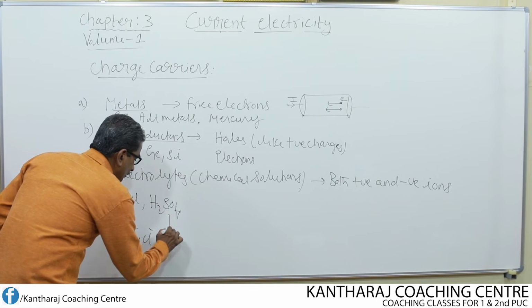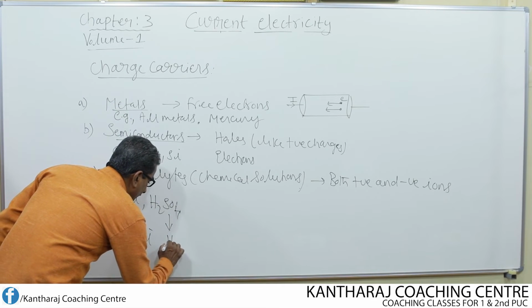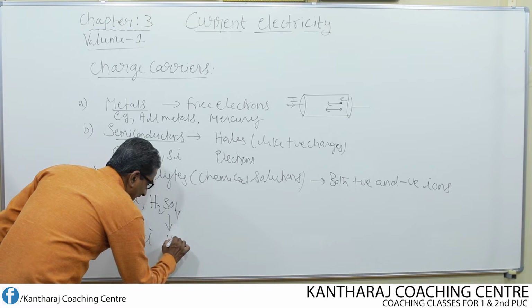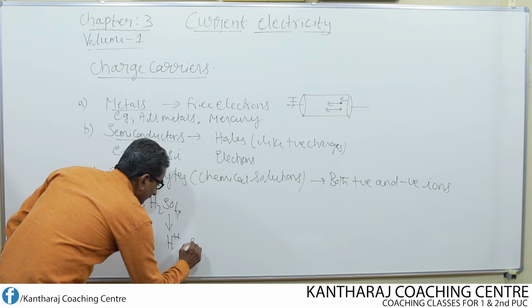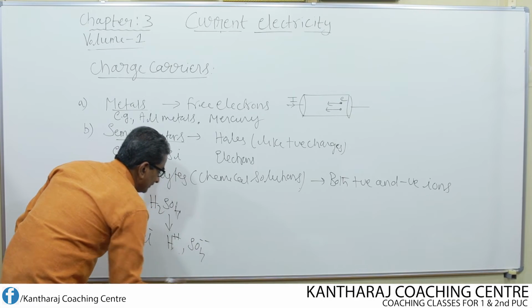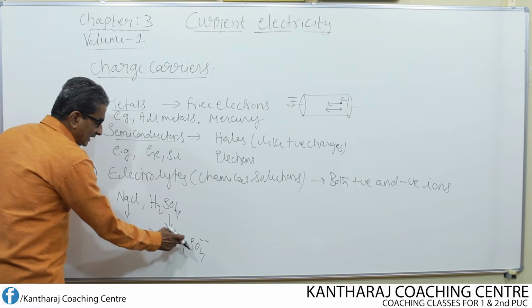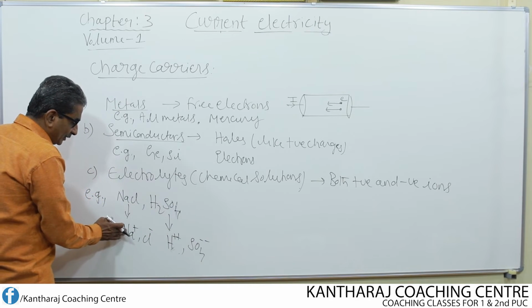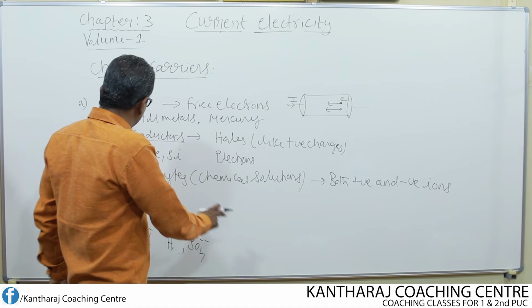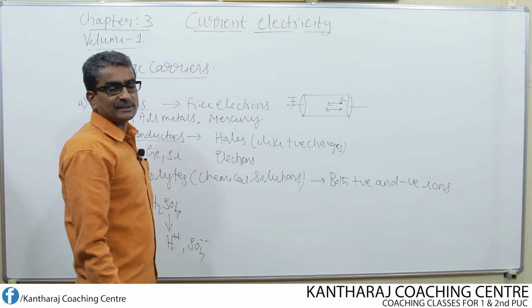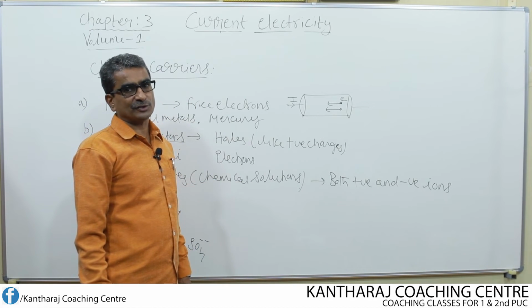Similarly, H2SO4 dissociates into positive hydrogen ion and negative sulfate ion. Then both hydrogen and sulfate, or in this case sodium and chlorine, will participate in electric conduction in chemical substances or chemical solutions.